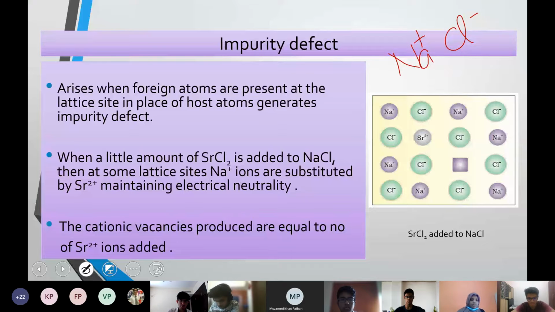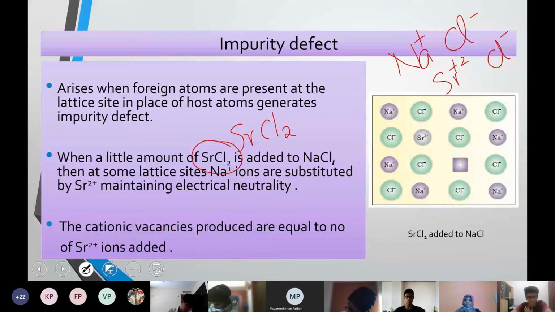But when you are mixing strontium chloride, SrCl2, which contains Sr2 plus strontium ions and Cl minus ions, that is another type of ionic compound. When you mix strontium chloride with NaCl and heat, some of the Na plus ions will be removed and that place is taken by the strontium, as you can see in the diagram.